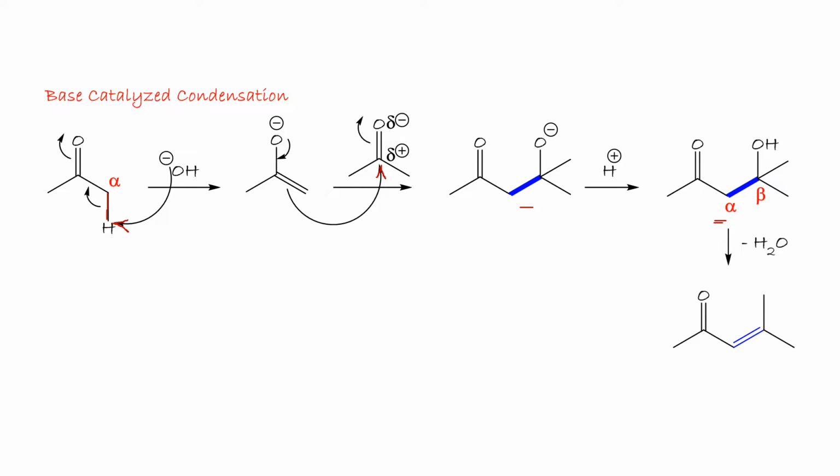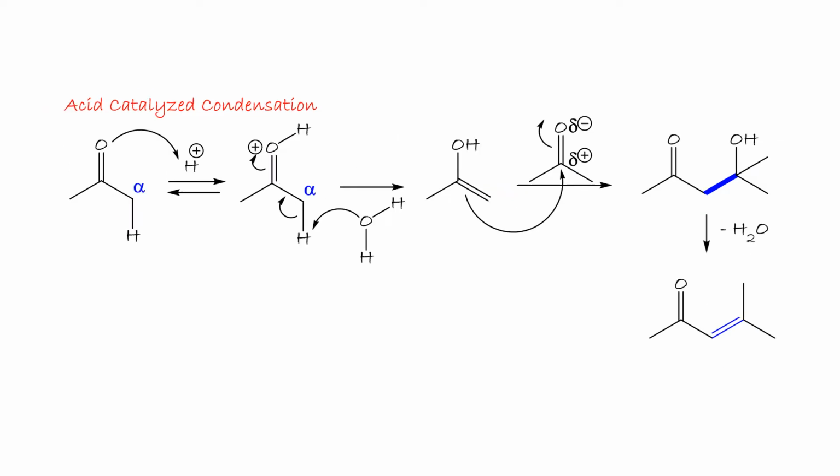Removal of another alpha hydrogen to form enolate again, followed by loss of hydroxide in a strongly exothermic step to give the final product, alpha beta unsaturated carbonyl.